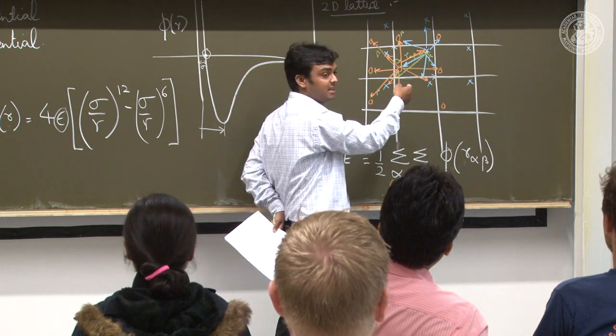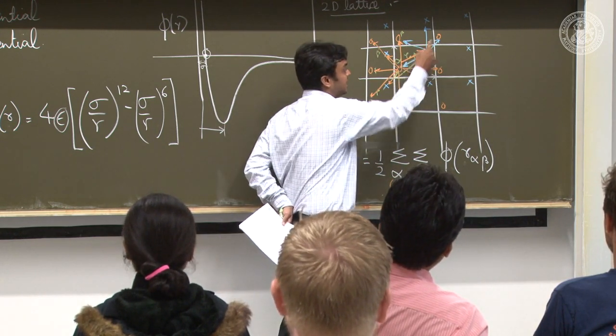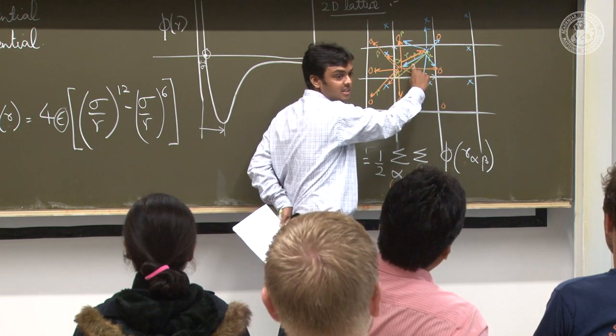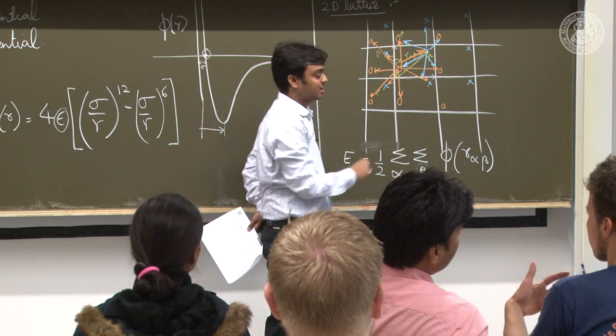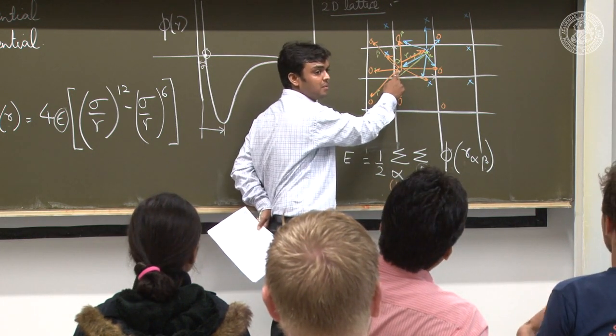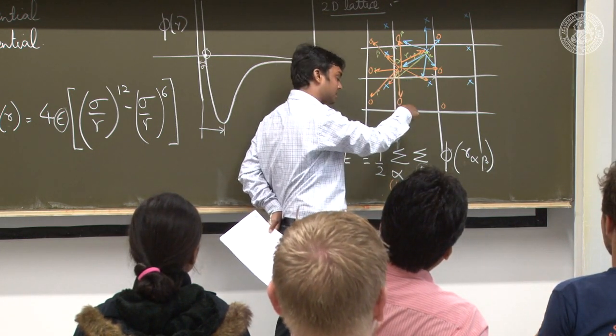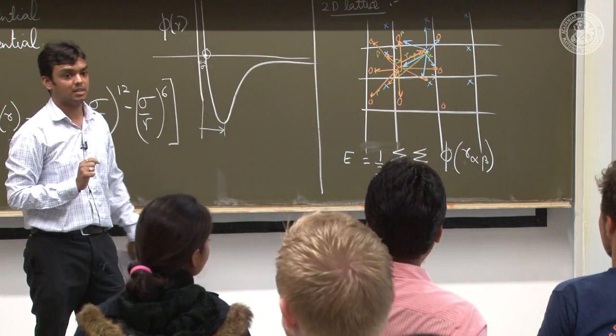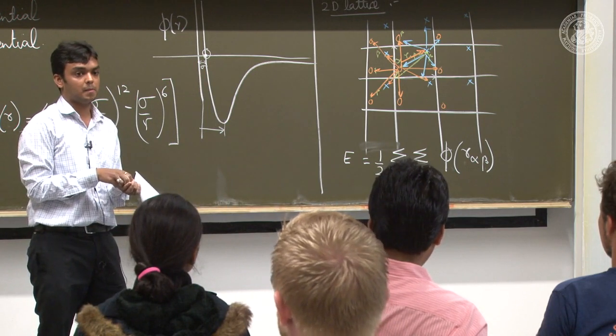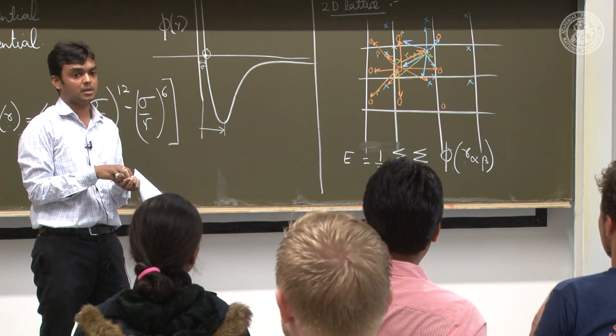Exactly, blue atoms with this, and I have twice this thing. If I'm at that particular alpha, I'll visit all the other orange and blue ones. Yes. So how do you decide which ones to include?